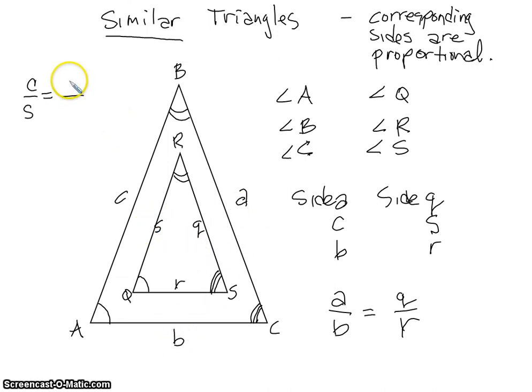Well, one thing you could write is A is to Q. So C from the big one is to S on the little one, as A from the big one is to Q on the little one. You could also set these equal to B from the big one over R from the little one. So there's just a little bit about similar triangles and the proportions that we could write.